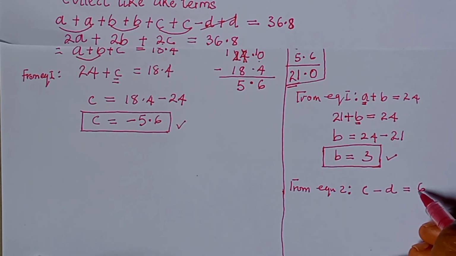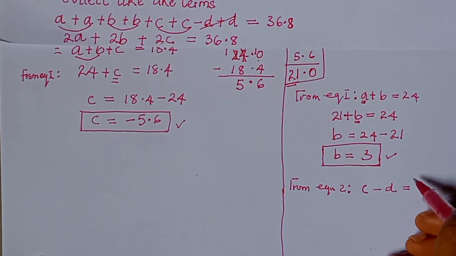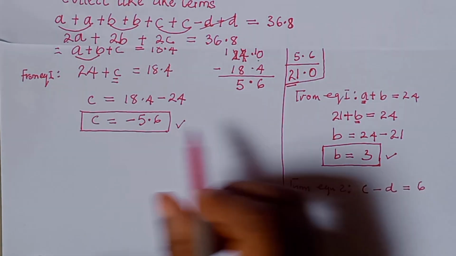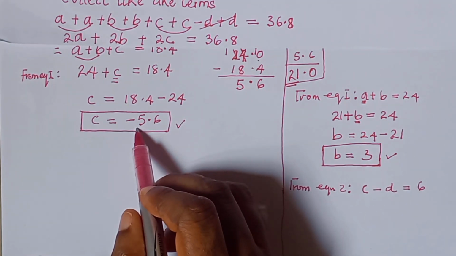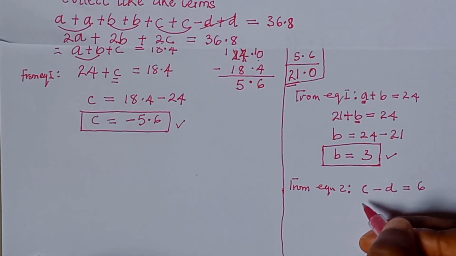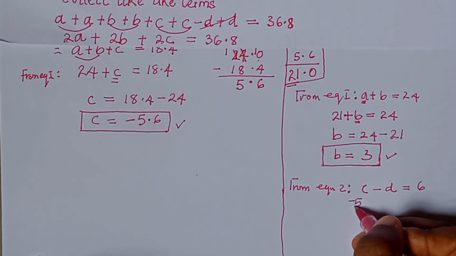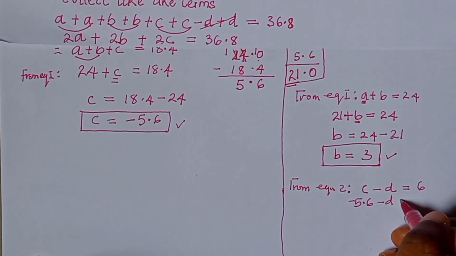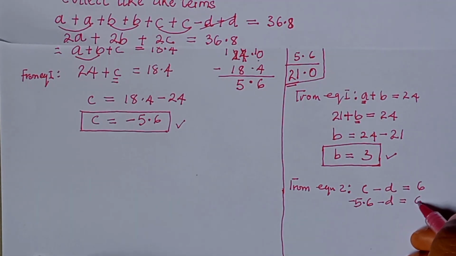Remember, you can use any of the equations to find your missing numbers. Because we know our C to be minus 5.6, we substitute that. Minus 5.6 minus D equals 6.